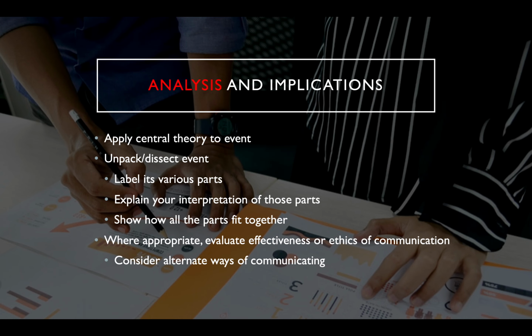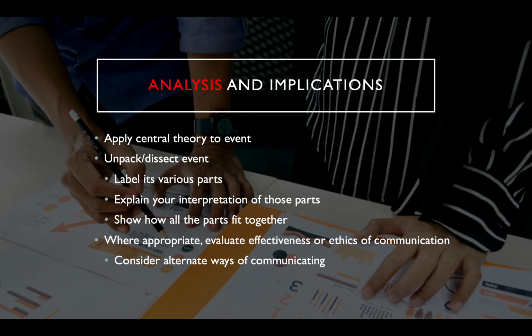So let's say you're analyzing a conflict between two people. Maybe there were some things that were done in this communication that were ineffective. There was some blaming going on. Or maybe there were some ethical problems with the communication. You can, as part of your analysis, consider alternate ways of communicating as well.